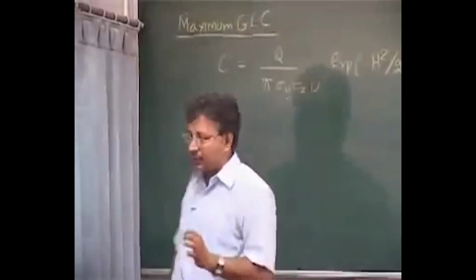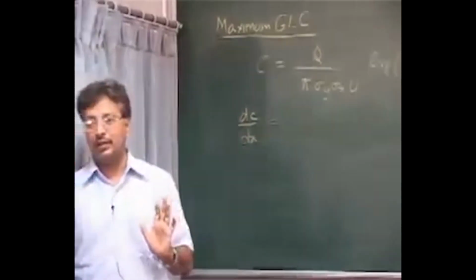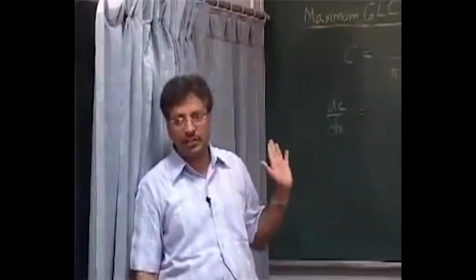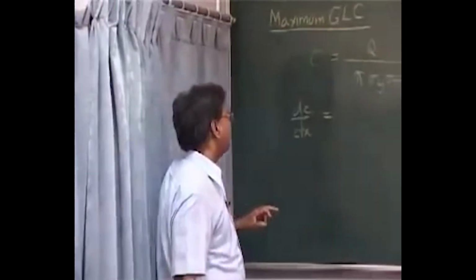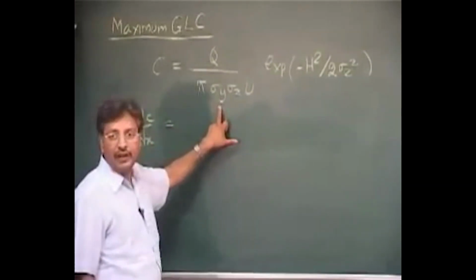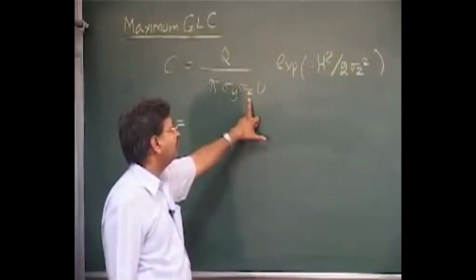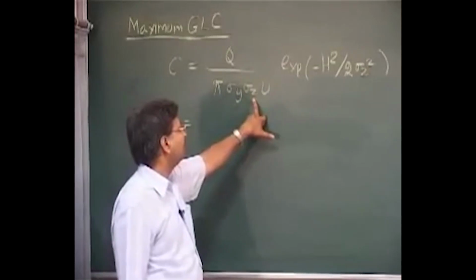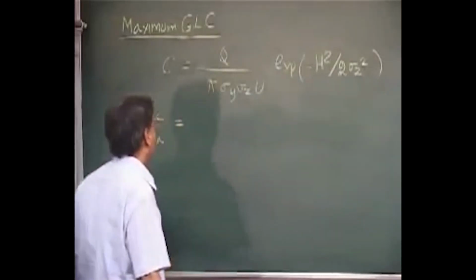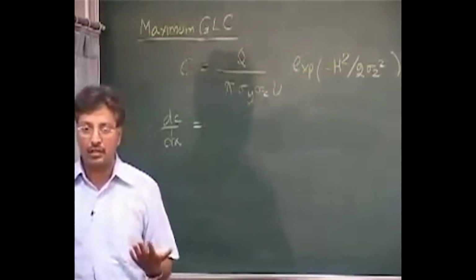So, I am saying whatever is the stability, we are doing it for a particular stability. It may be A, B, C, D, E, F. Okay. So, let us say whatever is the stability, I can differentiate this one, and then you find these are functions of x, right, function of x, what else? Again the function of x. Okay. If you differentiate this one, I can put this equal to 0 to find out the maximum concentration. Okay.